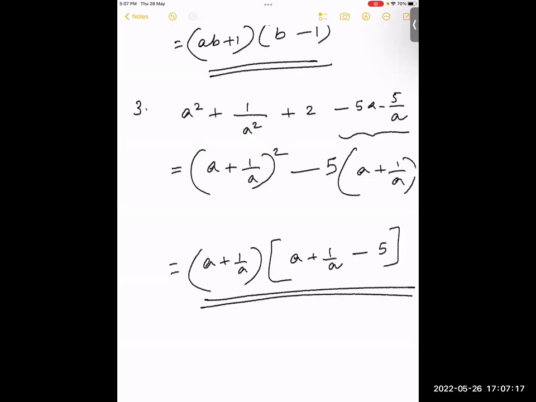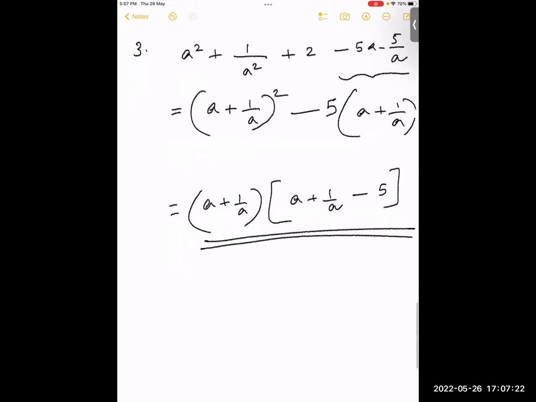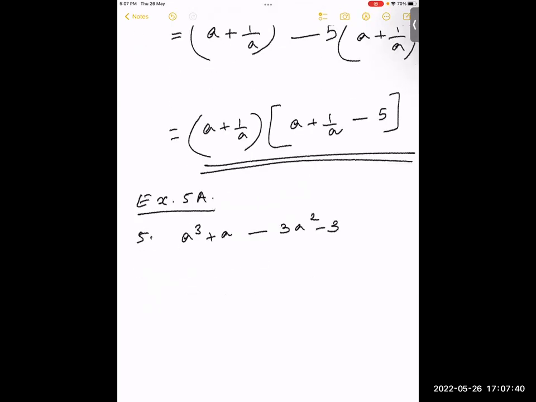Okay, now let's do some questions from the exercise. Next question is exercise 5A. I'm picking up a few questions from there. Fifth question is a cube plus a minus 3a square minus 3. So think first how the grouping should be done and then do it.